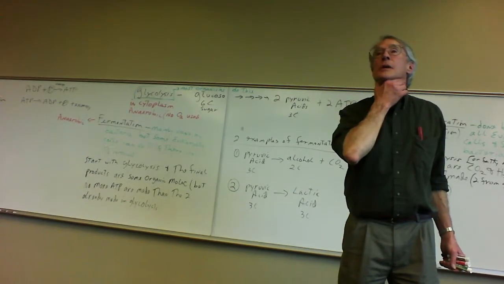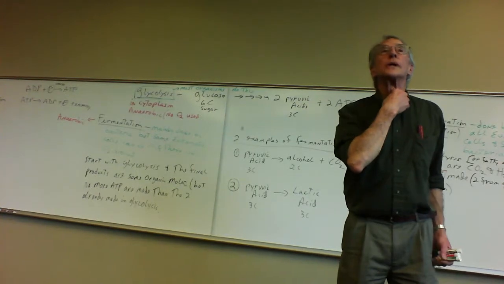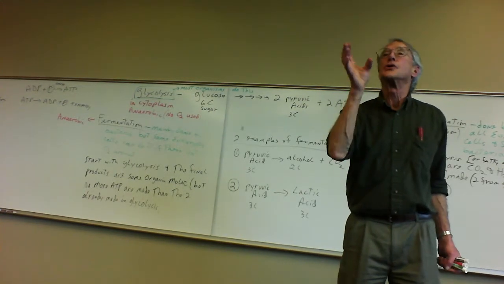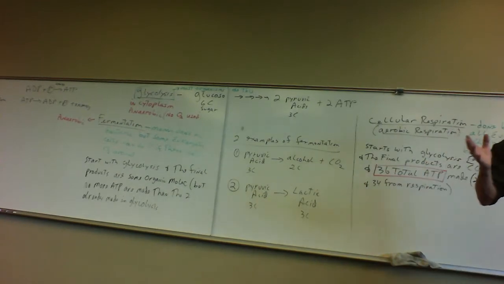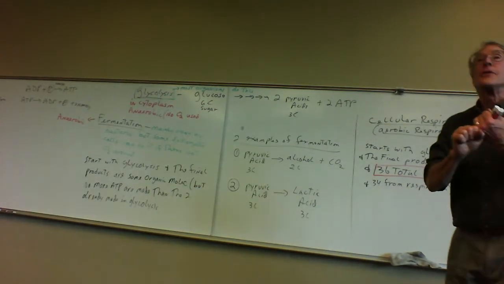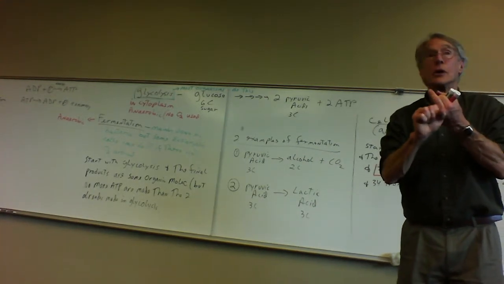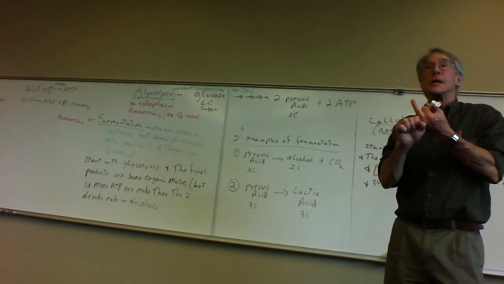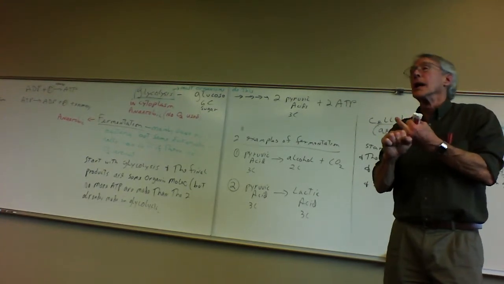Isn't the ATP stored as glycogen? No. That's one way we store sugar to use for the future, but we'll worry about that in physiology, not in this class. After a meal, we have more energy available than we're going to use right now, so we will store a certain amount as fat and a certain amount as what's called glycogen, which is really starch, the animal version of starch.